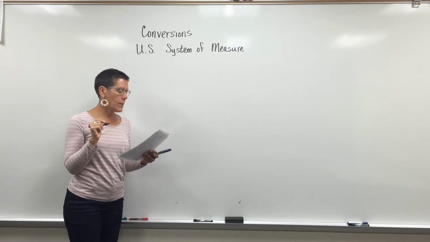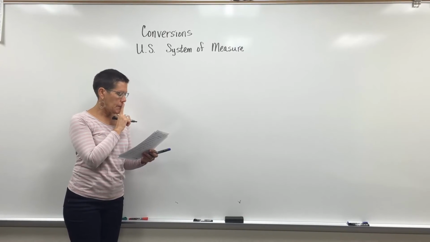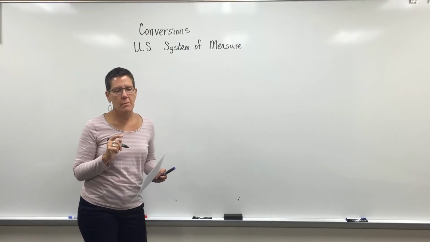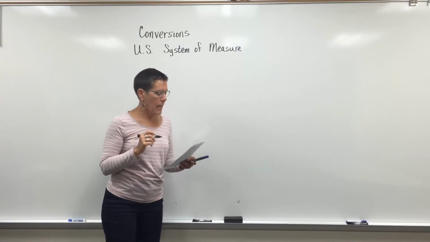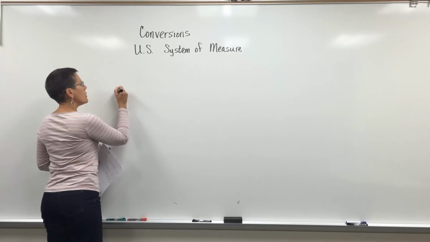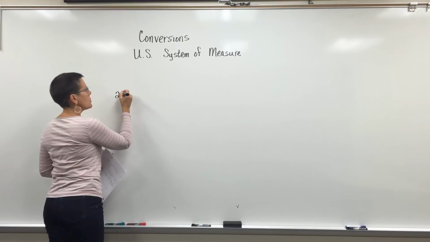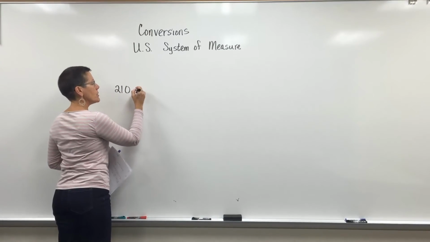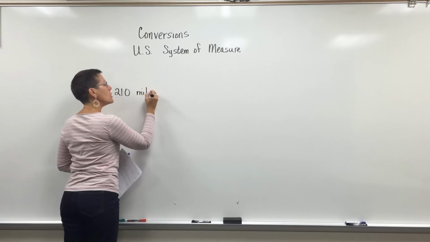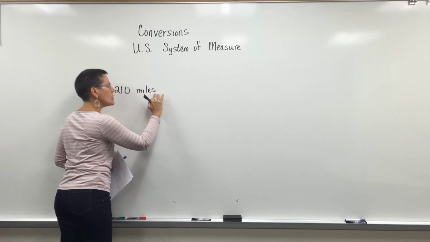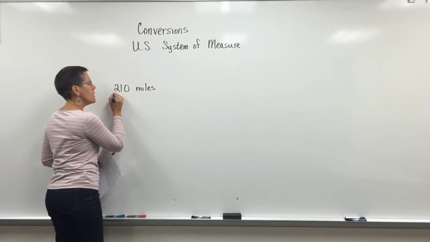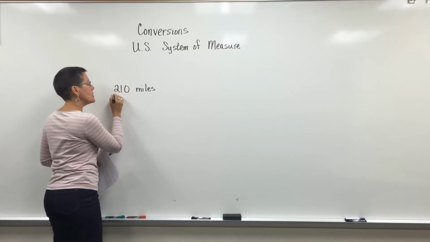Before we go there, I want to talk to you about driving 210 miles in 3 hours. This is not a conversion problem. I'm just trying to get you to understand speed. I'm trying to push the concept of how important words that describe numbers are, because they help you understand what units you're dealing with.